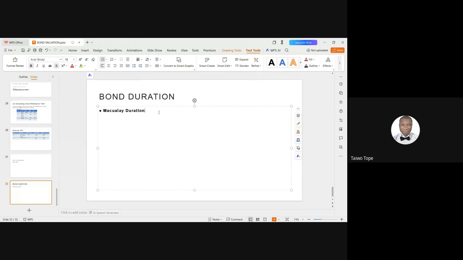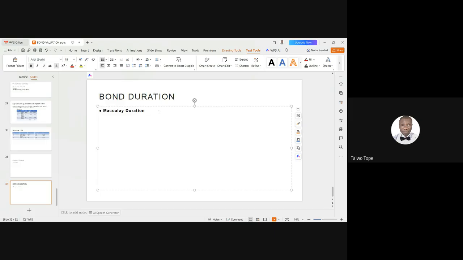It is the weighted average time it will take for all the bond cash flows to be paid. This concept has to do with accounting for the present value of future bond payments.